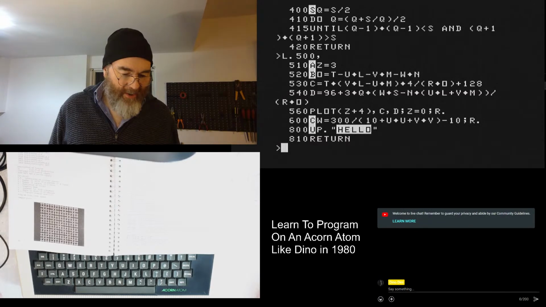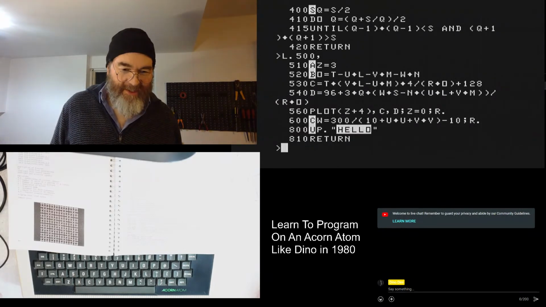O equal T minus U times L minus V times M minus W times N. C equals T times V L minus UM times 4 divided by RO plus 128.